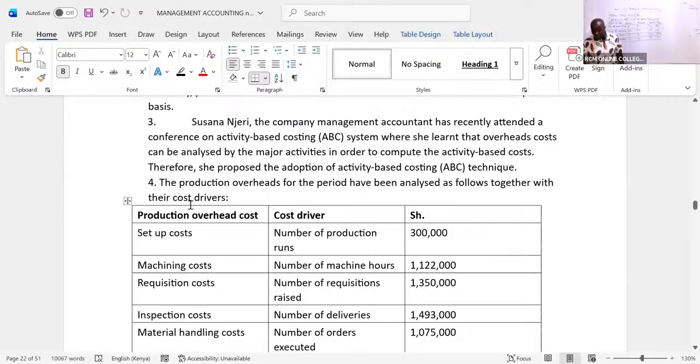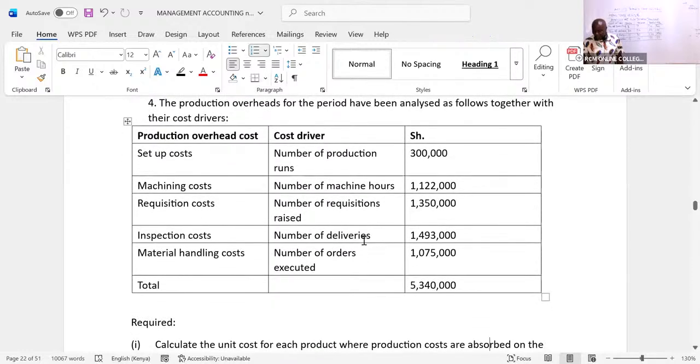If you go after note number 4, you'll be able to see the cost drivers there. We have number of production runs that I have. We have number of machine hours that I don't have. Any other? It's only machine hours we shall be able to introduce onto our table.